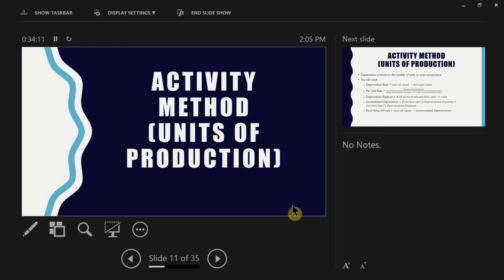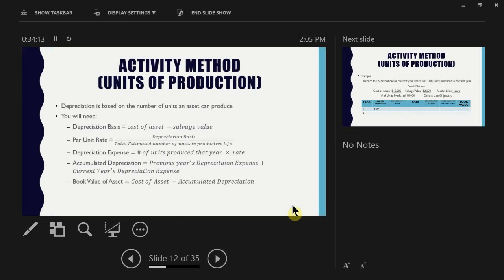So what is units of production? You're going to depreciate based on the number of units an asset can produce. For example, a printer can print out 100,000 pages. By the time it reaches the end of it, it gives out, which means it can't print anymore.